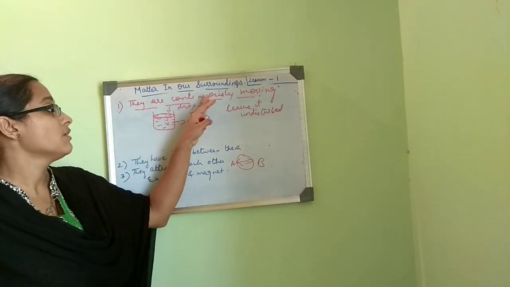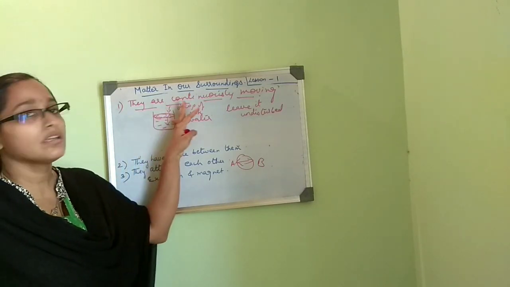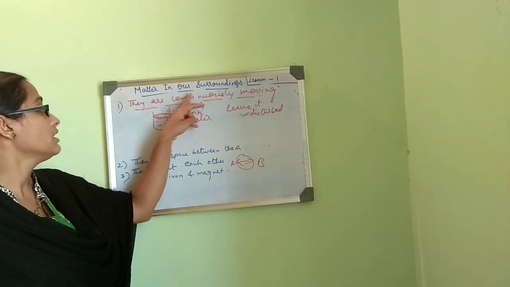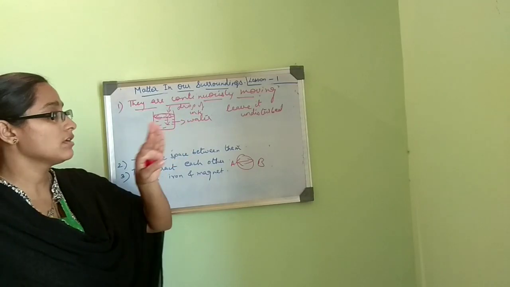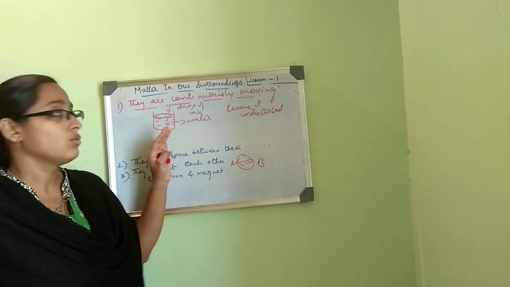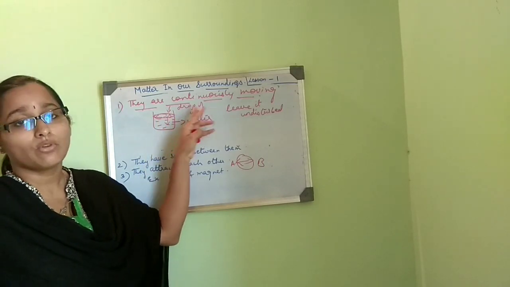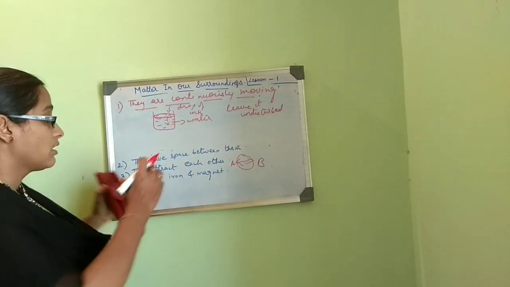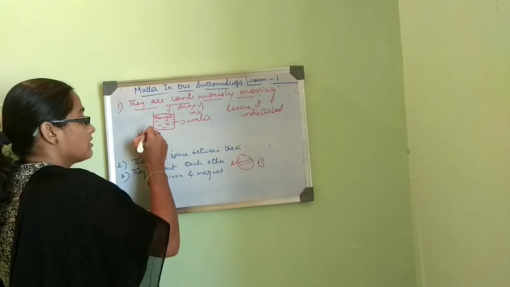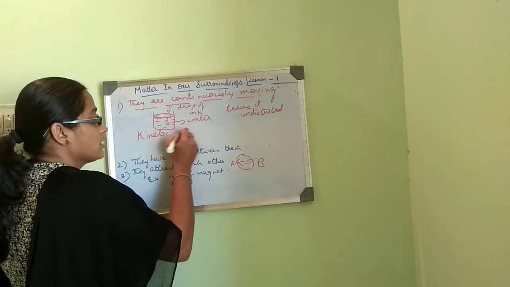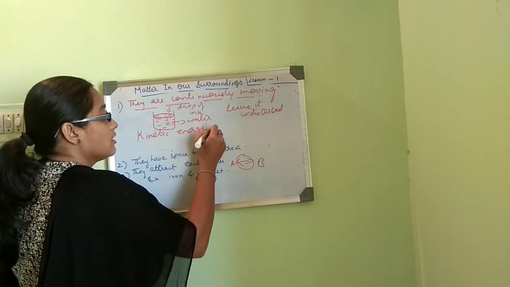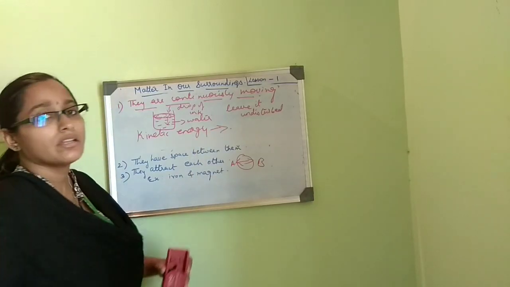Here the water and the drop of ink are matter, and you can see that water, when it was totally undisturbed, was not moving at all, but it started to move again after a drop of ink was added. It is because of the kinetic energy it possessed. So what is kinetic energy?